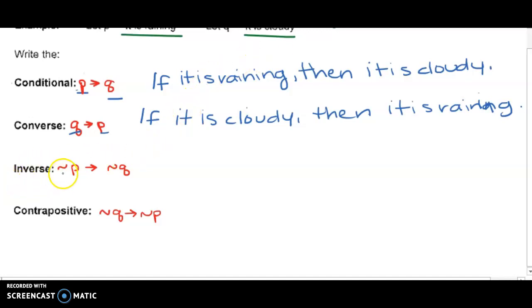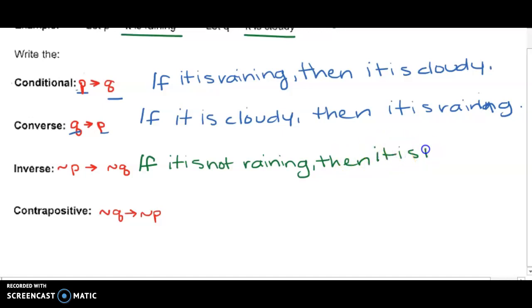So if I were to write this, not P implies not Q, or if not P, then not Q, I'd say if my not P is, it is not raining, comma, then my not Q is, it is not cloudy. If it is not raining, then it is not cloudy.